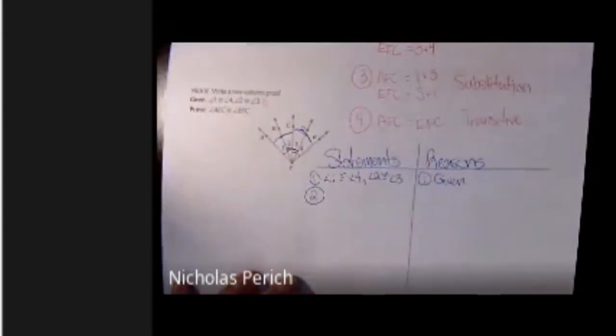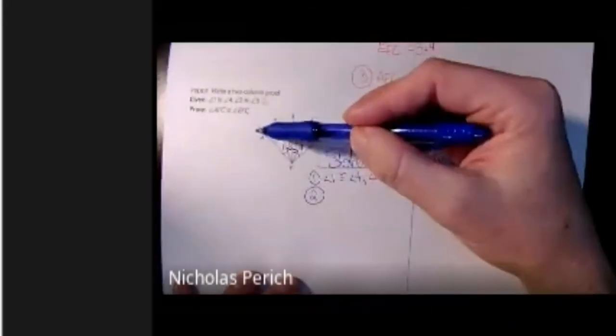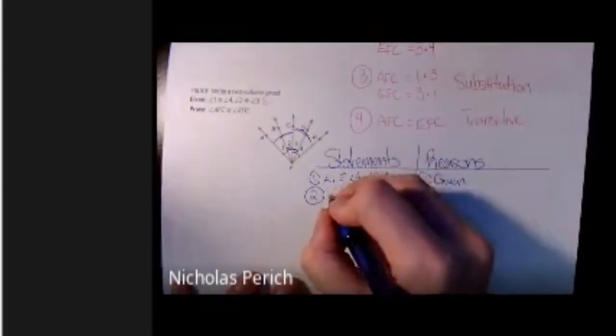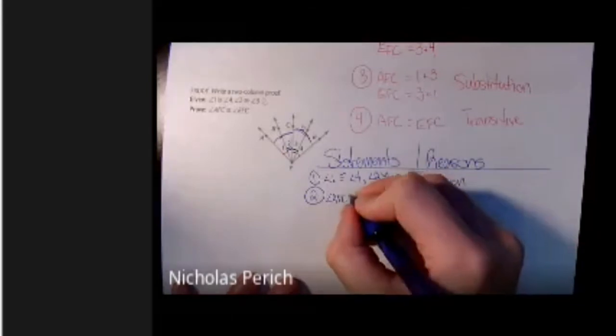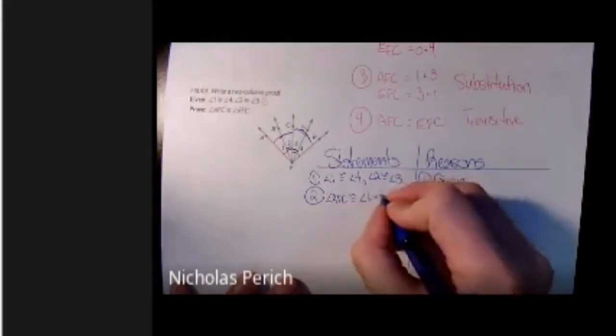Statement number 1, always the given. Angle 1 is congruent to angle 4. Angle 2 is congruent to angle 3. That's my given. Mom spaghetti, right? So if angle 1 is congruent to angle 4 and angle 2 is congruent to angle 3, in order to get what I want, I'm going to say that angle AFC is congruent to angle 1 plus angle 2.